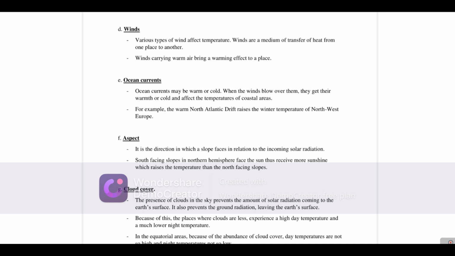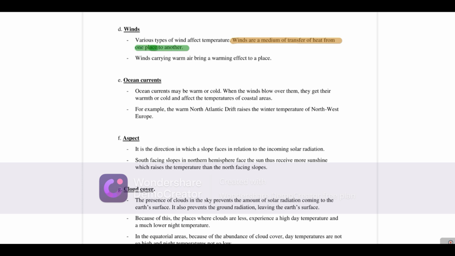And you should know that winds are a medium of transfer of air, or heat, from one place to another. This point is very, very important to know.